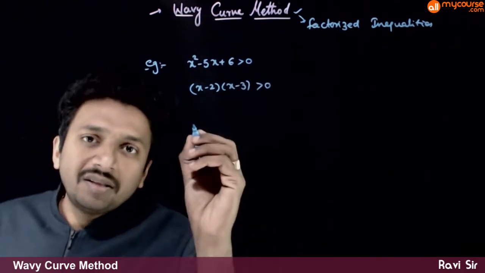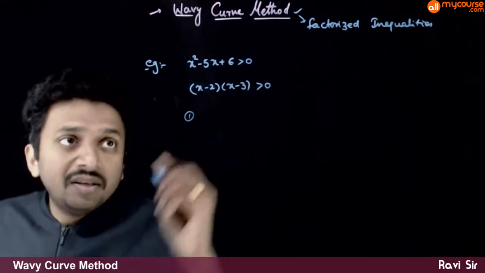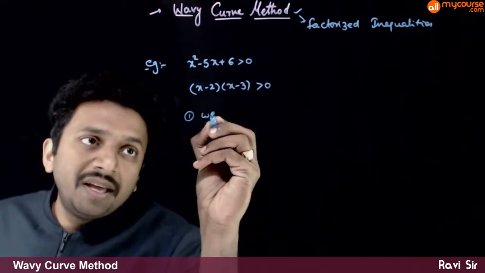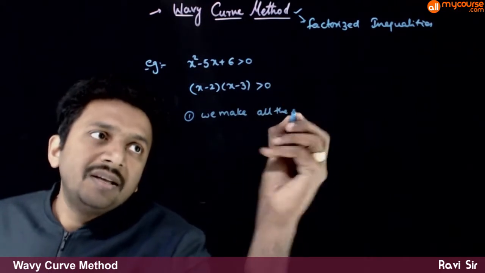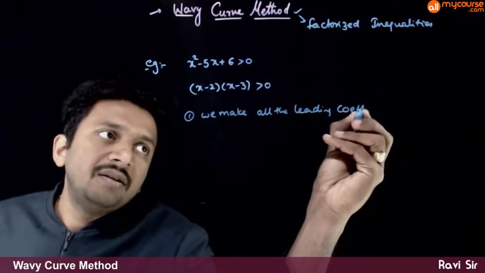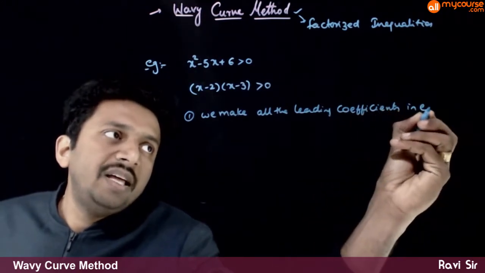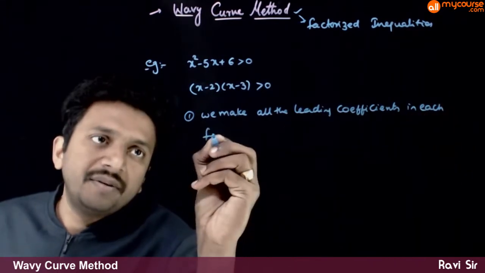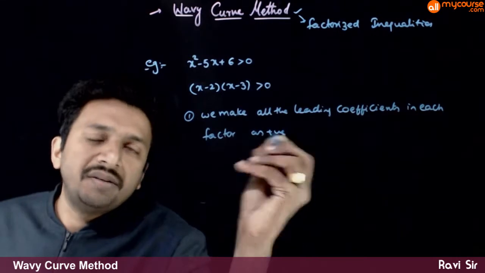In this method, the first thing that we do is we make all the leading coefficients in each factor positive.